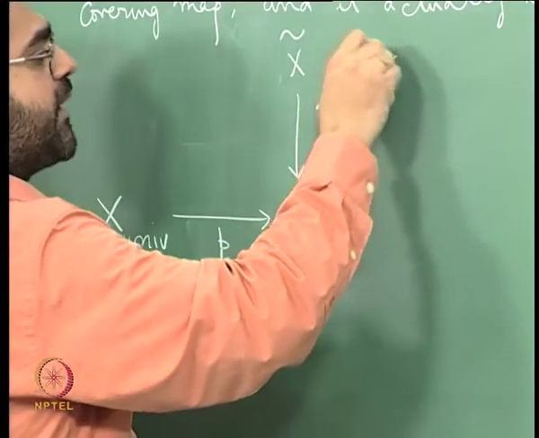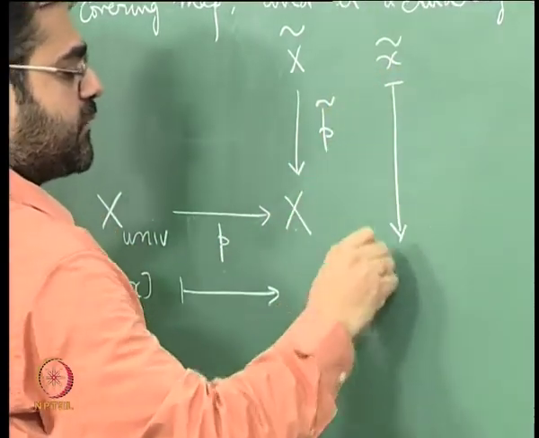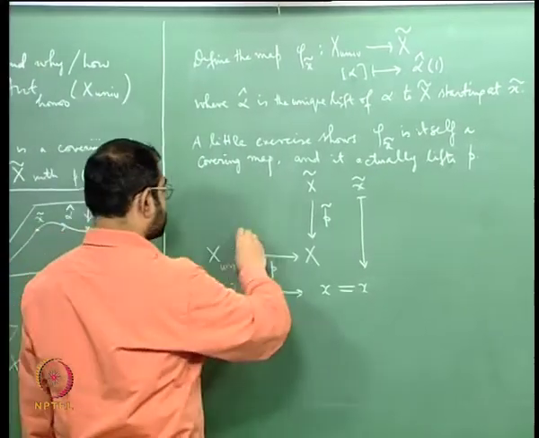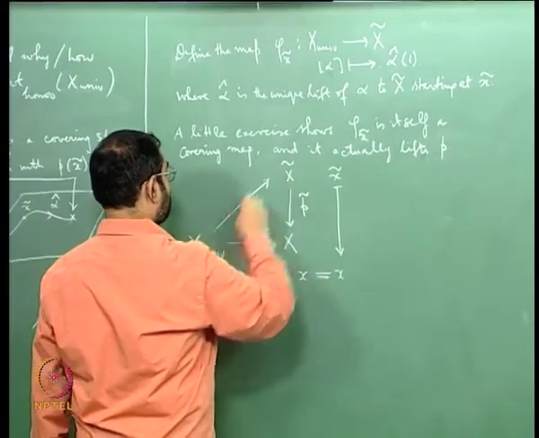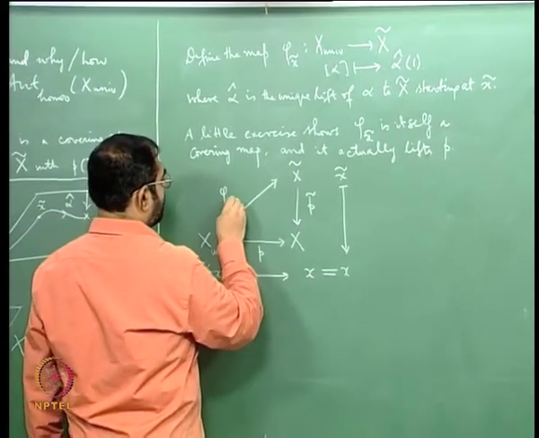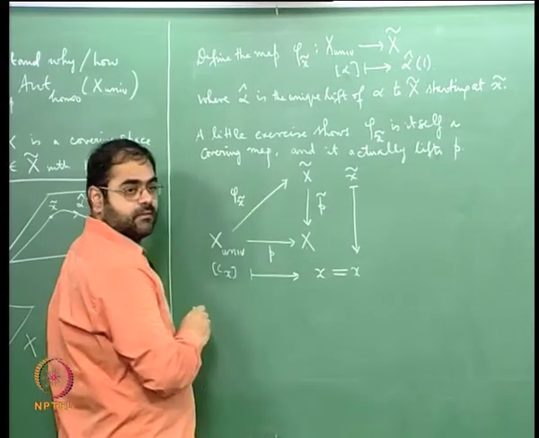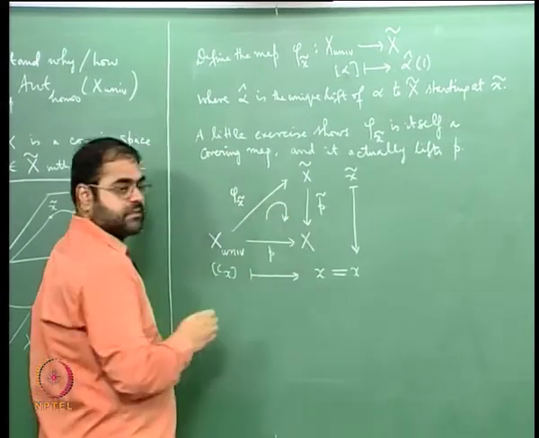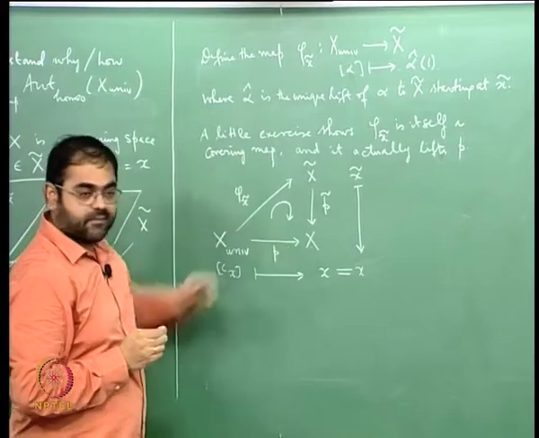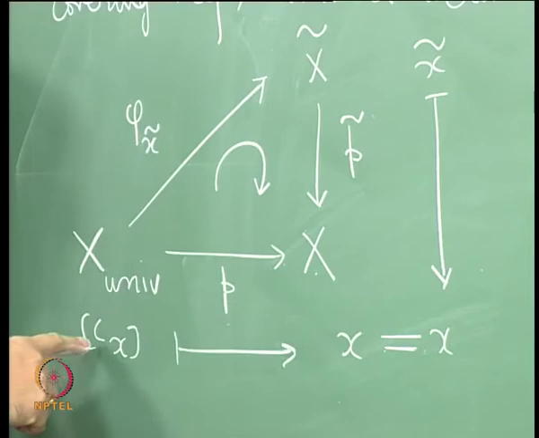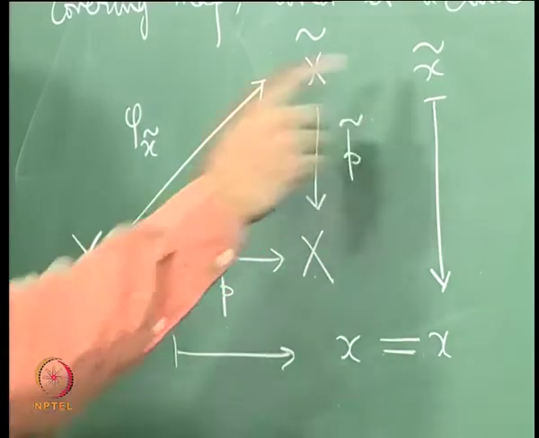There is this point small x tilde here which goes also to the same x, okay, and what happens is that I am able to define this phi sub x tilde, and this diagram commutes. So this phi sub x tilde is a lifting of P, okay, and it has the property that it sends Cx to x tilde, okay.